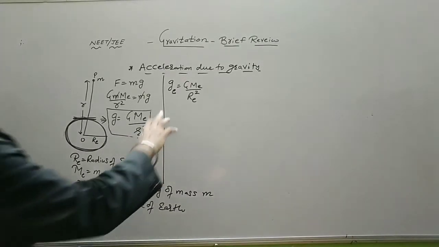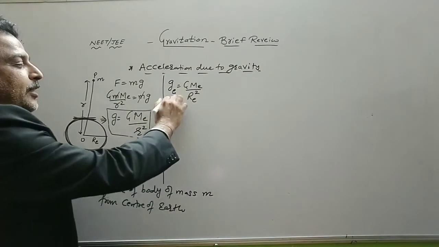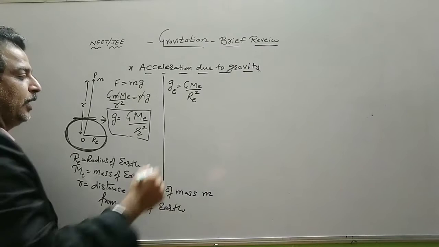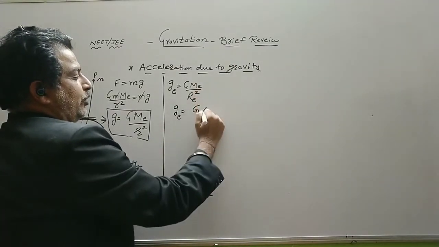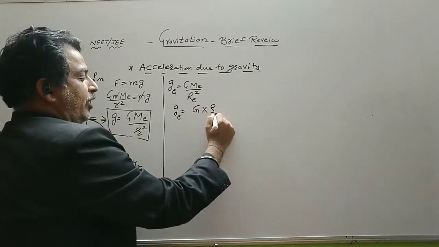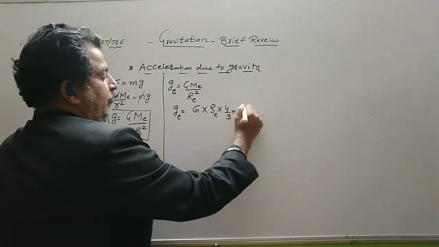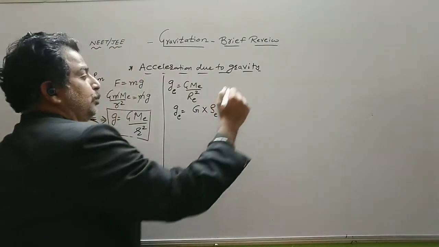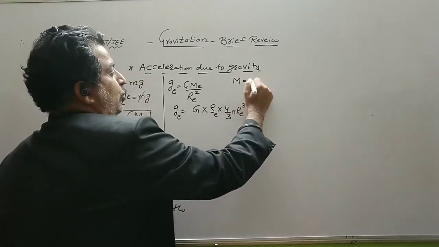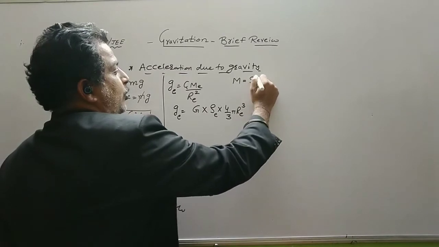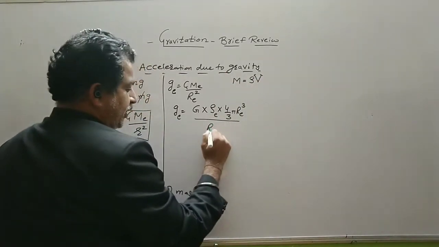Now small g also has a relation with the density. Here we are considering a planet to be the Earth. So g_E is equal to capital G, and in the place of mass, we can write the density of Earth into the volume of the Earth, that is 4 by 3 pi R_E cube. We know that mass is equal to density into volume, or density is mass upon volume, so we make use of this formula.